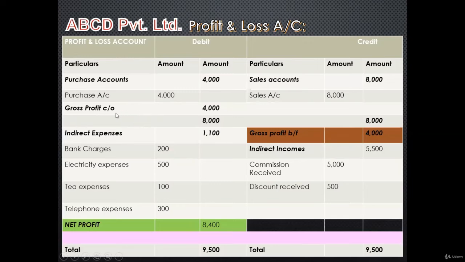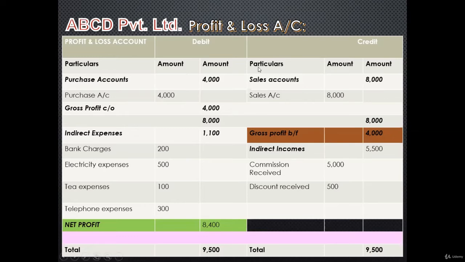The details above this gross profit belong to my trading account. See, what is a trading account? Trading account is the activities or the transactions that belong to the trade of our business. Trade means sale and purchase transactions.